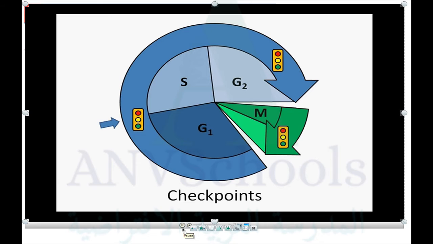So a cell can actually cease to divide when it is still before it enters the S phase, due to either lack of enough energy and such stuff, or it may not progress to mitosis because maybe the DNA didn't duplicate, or maybe other organelles didn't duplicate, so that cell will be destroyed.